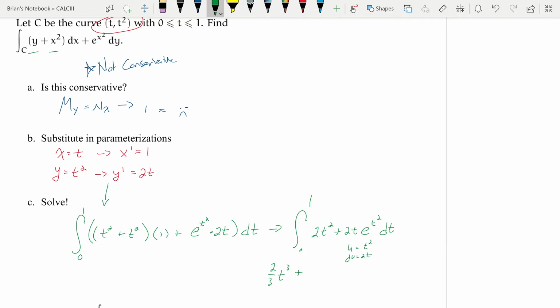That's pretty easy. So then we get e to the t squared, wouldn't it? Evaluate all that from 0 to 1. When we evaluate from 0 to 1, we get 2/3 plus e minus 1, which is e minus 1/3.